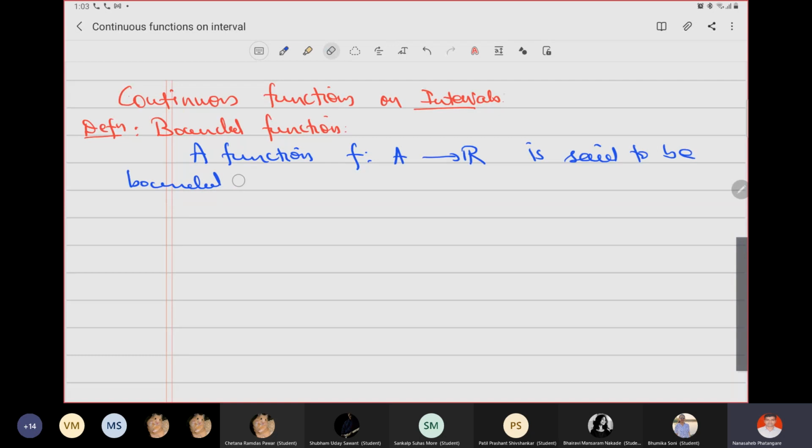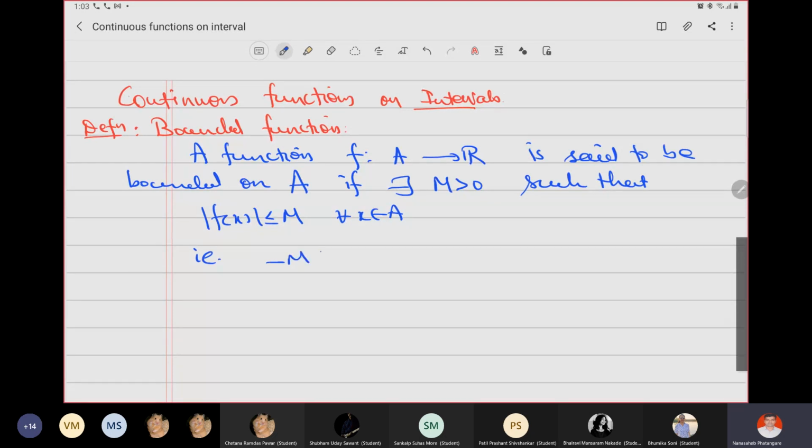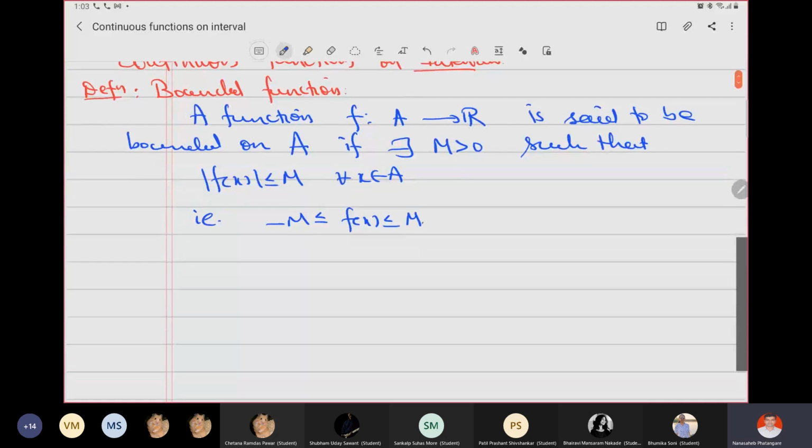A function is said to be bounded on set A, because the domain of the function is A, if there exists a number m, whatever it may be, such that the absolute value of the function is less than or equal to m for each x in A. That is, minus m is less than or equal to f of x, which is less than or equal to m. Geometrically, m is positive and minus m is negative.